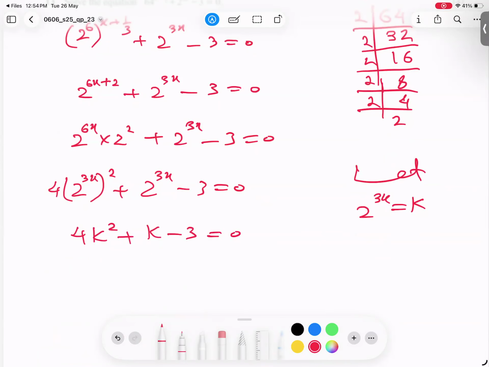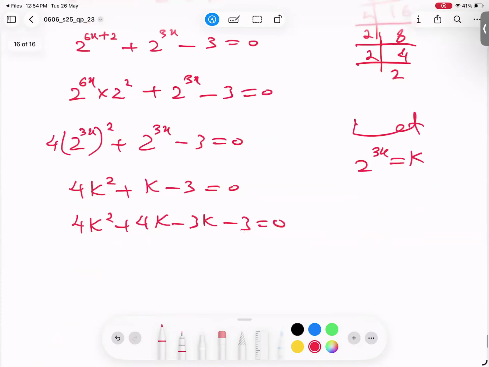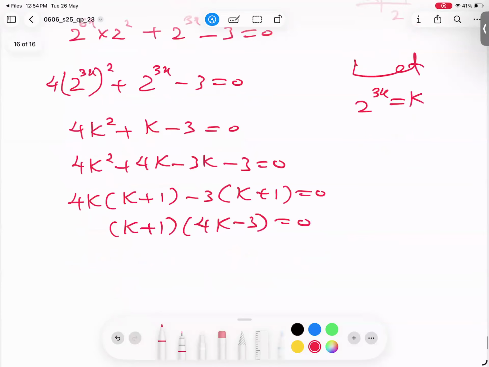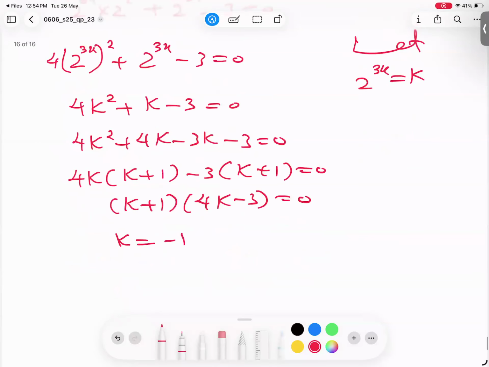Now, students, 4 3s are 12. So plus 4k and negative 3k and negative 3 is equal to 0. 4k common, I got k plus 1, and negative 3 common, I got k plus 1. k plus 1 and 4k minus 3 is equal to 0. I'm getting two answers, minus 1 and k value is 3 over 4.